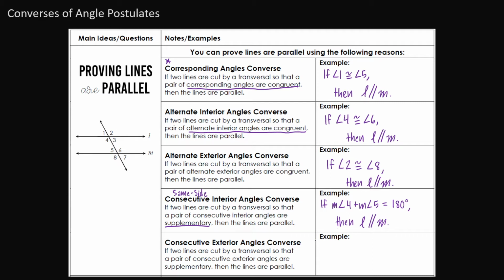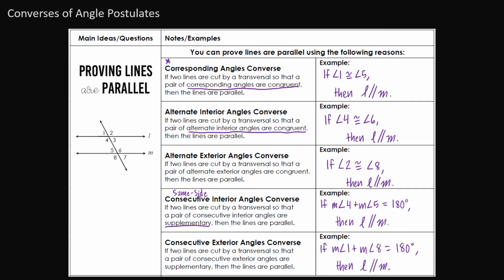Let's just use angles 1 and 8 for the purpose of this. If the measure of angle 1 plus the measure of angle 8 equals 180 degrees, then line L is parallel to line M.